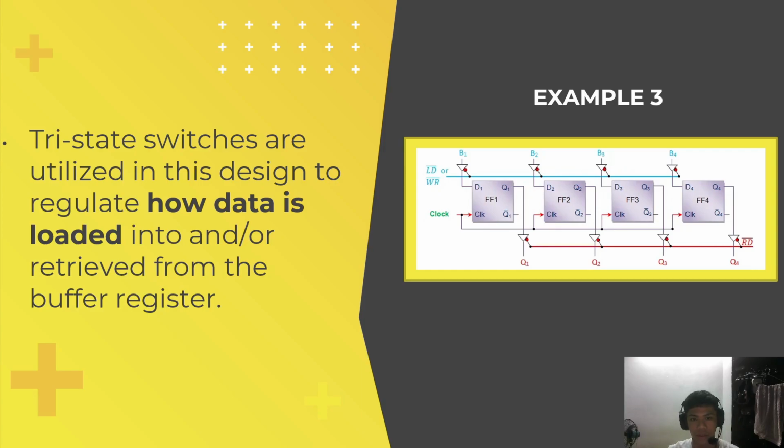So ang purpose naman nito is dapat low yung data para mabasa ng switch. So basically yung tri-state switches, yun yung nagko-control din na halos kung gaano kababa yung mga data na ini-input para magkaroon ng output din dun na babasa. So ayun lang yung purpose ng tri-state switches.